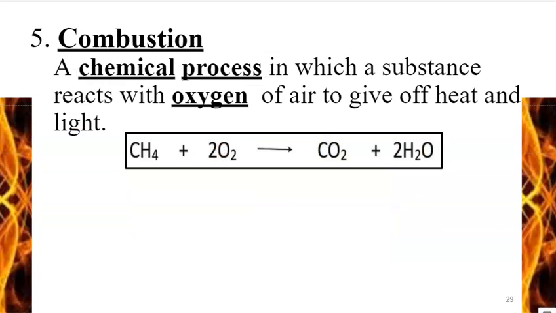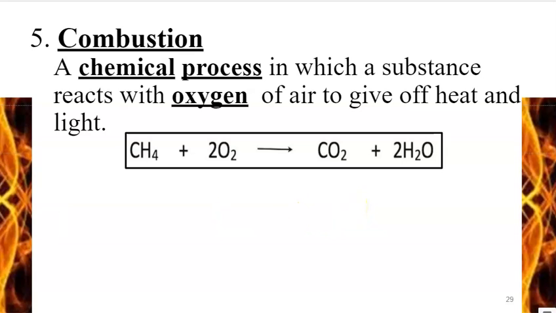Okay. And in a combustion reaction, this is a chemical process in which a substance reacts with oxygen of air to give off heat and light. So we have methane, and it can be any combination of carbons and hydrogens, but in this case it's methane, plus oxygen will always yield, always, every single time, carbon dioxide and water. You can identify a combustion reaction because carbon dioxide and water are always going to be the products at the end.